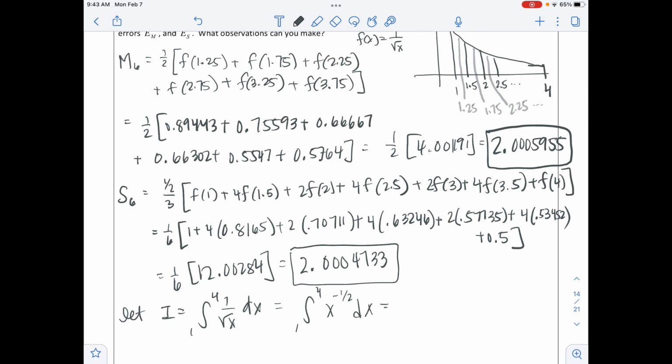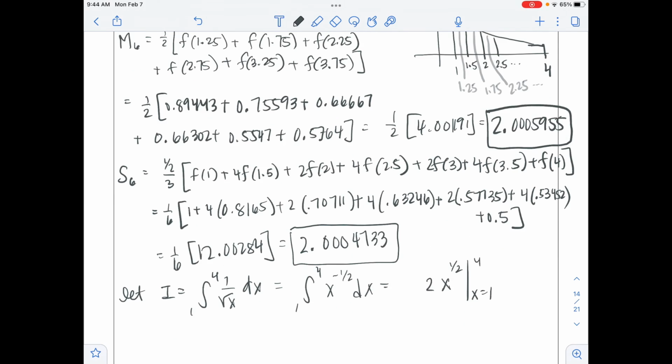Integrating this, you're going to have x to the positive 1/2 times 2, evaluated from 1 to 4. So we have 2 times the square root of 4, which is 2, minus 2 times 1. This works out to 4 minus 2, or just 2. And that's what our actual area under the curve is going to be.